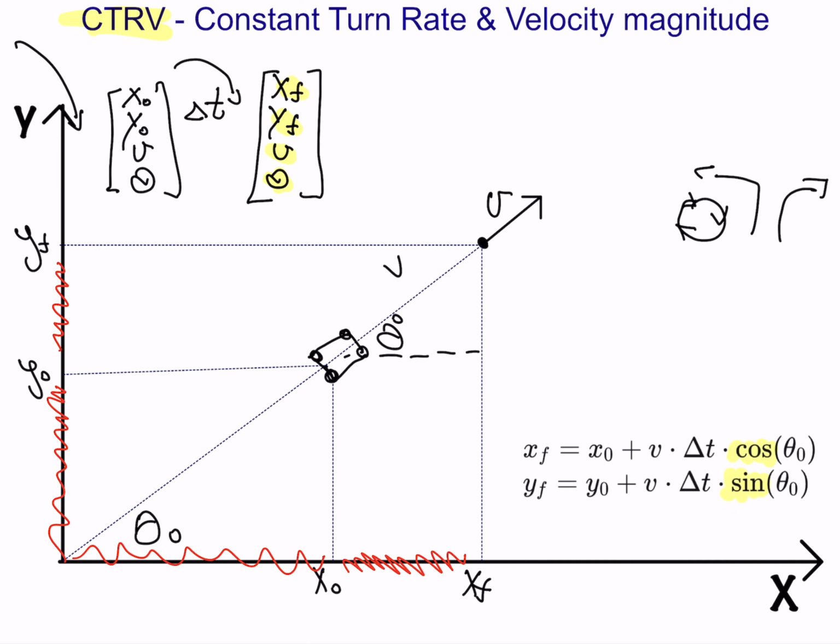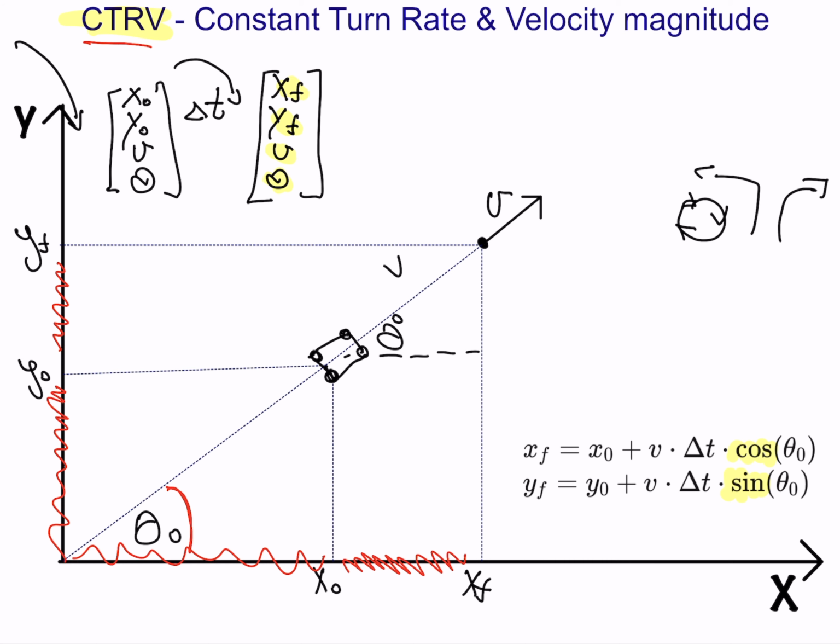If I want to improve my algorithm, I need to allow a changing theta, a changing orientation. So the initial theta will be different from the final theta. And here comes into play our new model CTRV, which stands for constant turn rate and velocity magnitude. What does it mean?